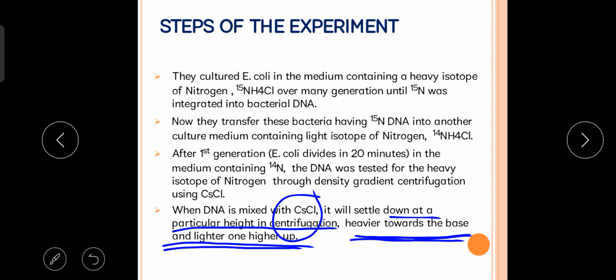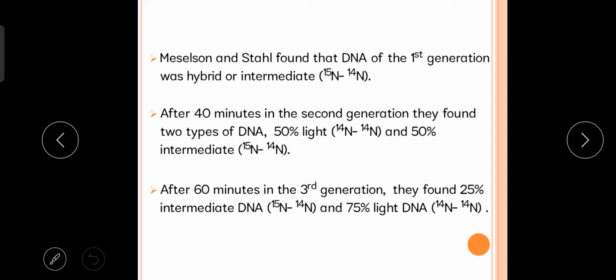That means always the DNA labeled with the heavier isotope settles down at the bottom part, and always the DNA labeled with the light isotope remains in the upper part of that container after the centrifugation process. Okay, now let's move to our next slide.